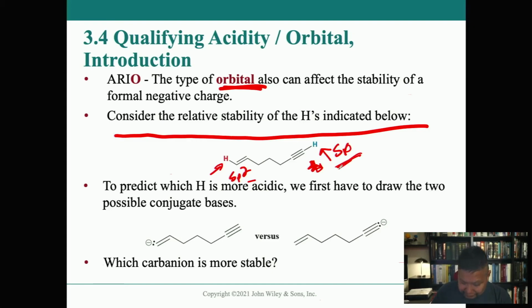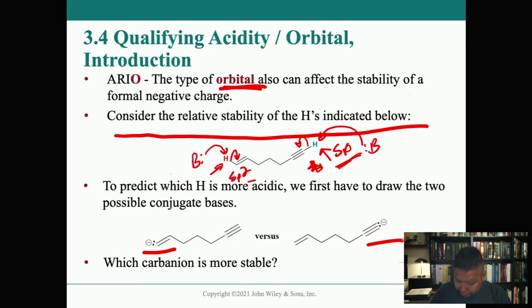So when we take a look at this, a base comes over and pulls off a proton here. A base comes over and pulls off a proton there. And then we get a negative charge on the double bonded carbon there, and we get a negative charge on the triple bonded carbon there. Which one do you think is more stable? This guy here or this guy?